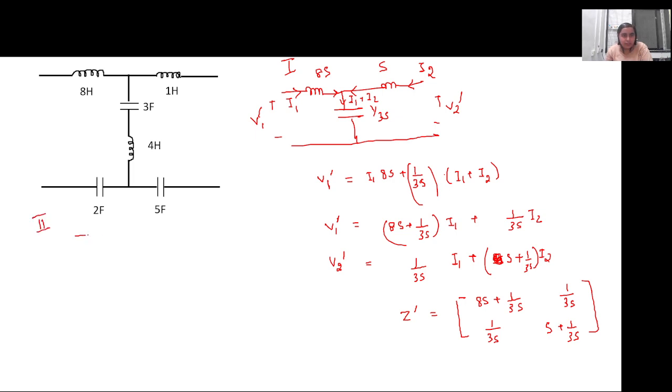Now we will draw the second circuit. In the second circuit, there is an inductor connected, 4S, and two capacitors connected. So let this be V1 double dash and V2 double dash. Since in a series circuit the current is the same, we will write it as I1 and I2 itself. This is 1 by 2S and this is 1 by 5S.